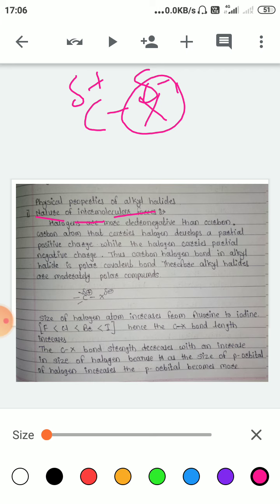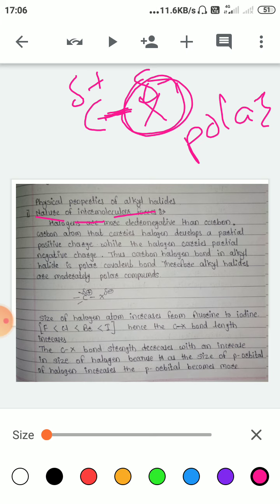Due to this the carbon-halogen bond becomes a polar bond. That means the electron density of this bond is slightly shifted towards the halogen atom, and these compounds are moderately polar.